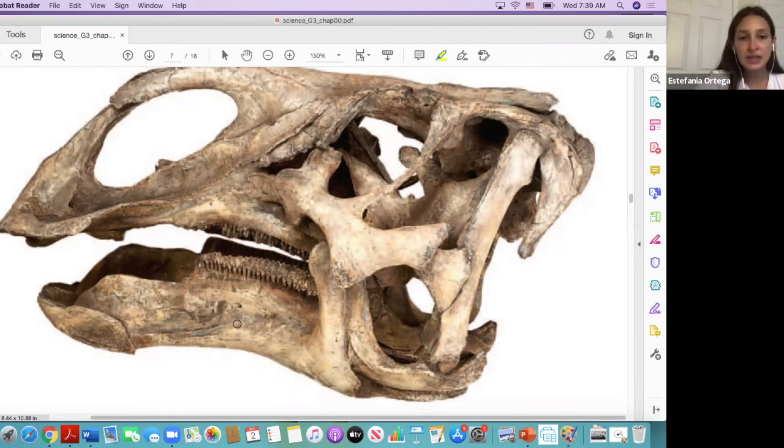But in this case, look at this animal here. It's completely flat. So even if this animal is trying to eat a little piece of meat, it's probably just gonna choke on it, right? Because it doesn't really have those teeth to tear that meat apart.